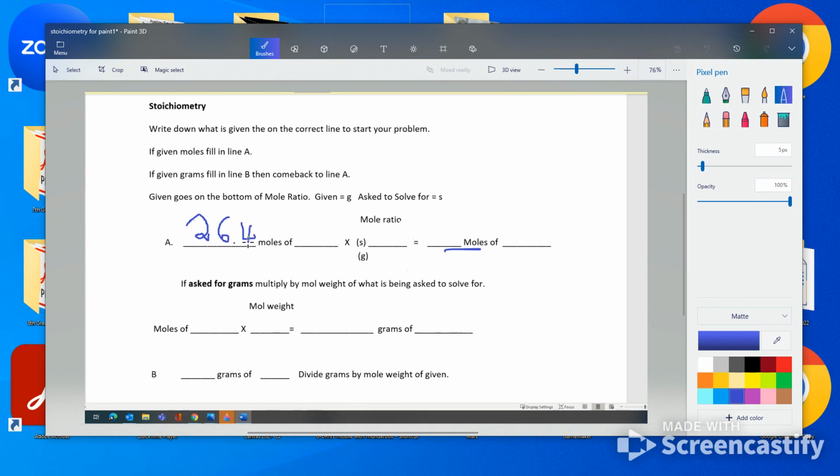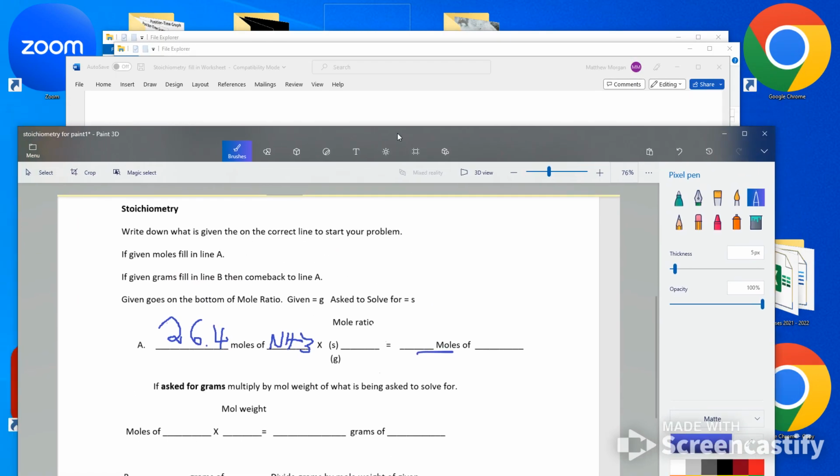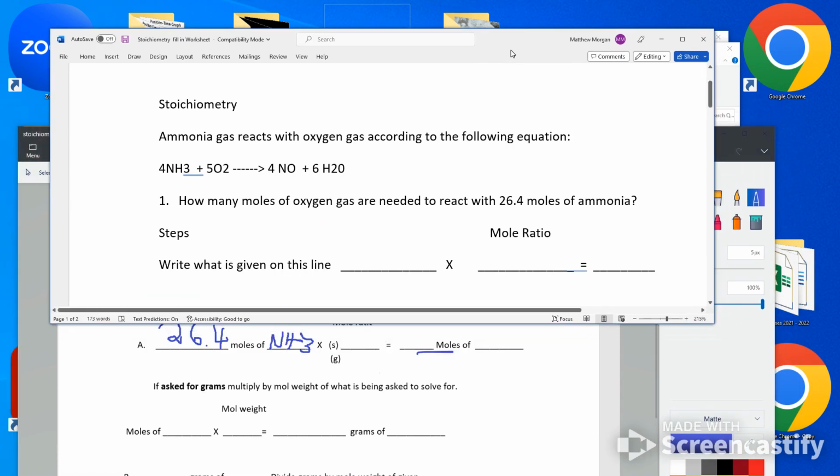That's what's given. Moles of NH3. And this is pretty important. All right. And then here's the thing that everybody needs, this mole ratio.